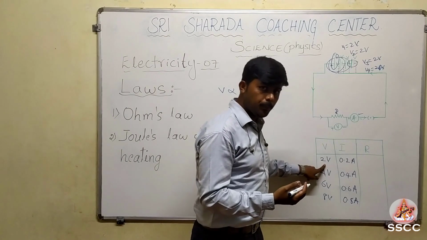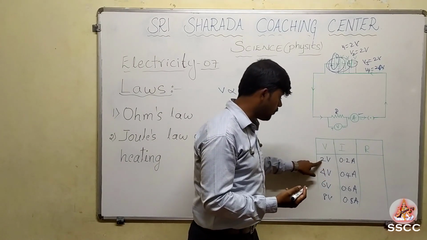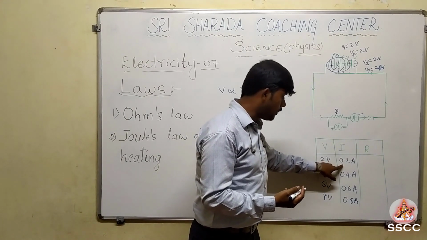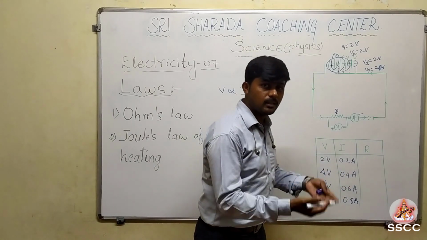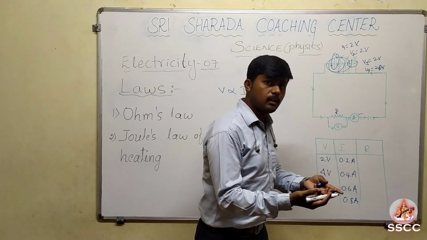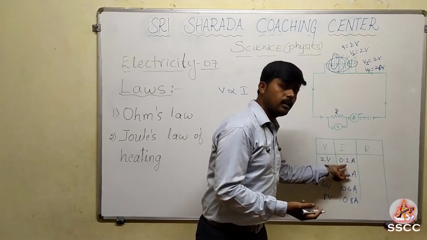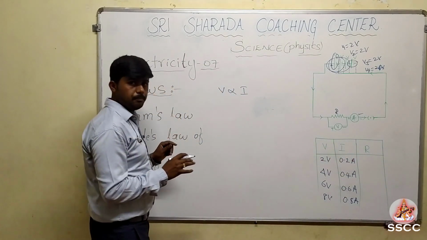You can observe here, firstly we have 2 volt, and you are increasing the potential difference from 2 volt to 4 volt. You can observe here the electric current also increased from 0.2 ampere to 0.4 ampere. Why is the electric current increasing? Because the potential difference is increasing. That's what we have in the statement of Ohm's law.